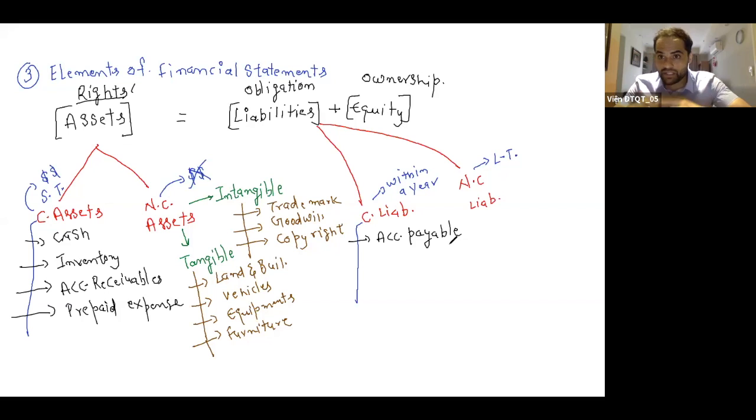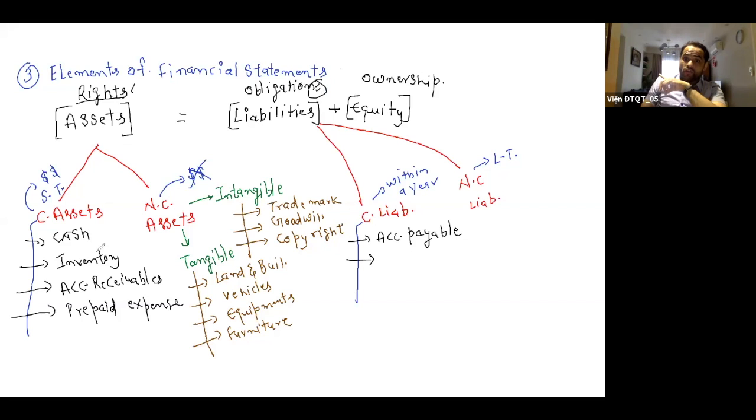We buy material now and pay after 6 months, so until then the supplier becomes my accounts payable. That supplier becomes my liability. Liability means obligations. So I have an obligation to pay the supplier within 6 months. That's the idea behind accounts payable.